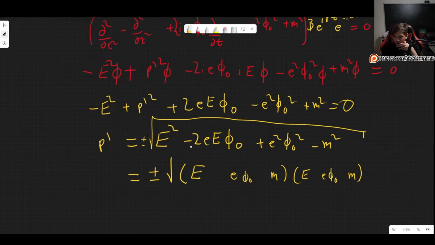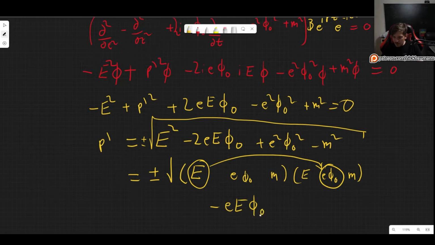Okay, so let's see. We have e squared times minus 2e phi 0, right? So basically e and phi 0, which are here together, and e, which is here. Why am I doing all this? Because that means that when we multiply this e phi 0 with this e, we need to get minus e phi 0, so that when we add them together, we get 2e phi 0.